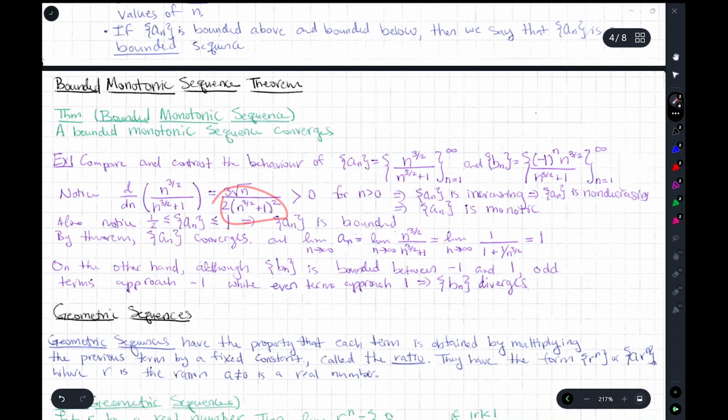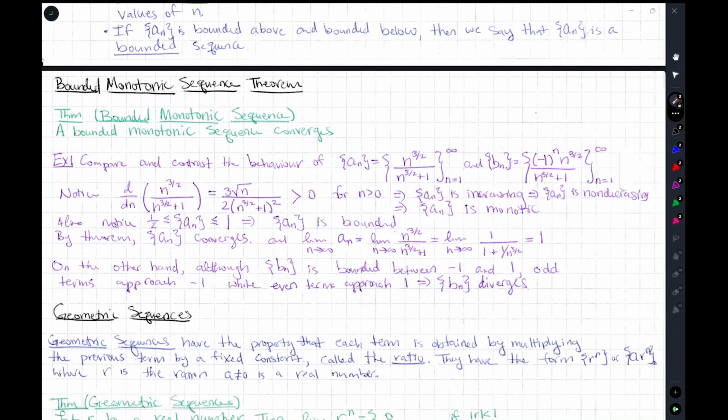And what does that mean? That means that a sub n is increasing, which also means that it's non-decreasing, which means that it's monotonic. Increasing implies non-decreasing, but non-decreasing does not imply increasing. So if it's increasing, it's monotonic.